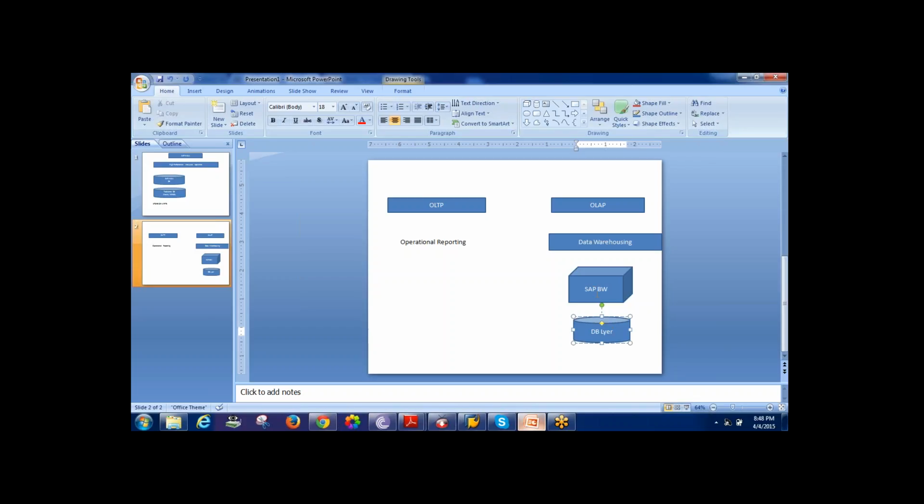So if you look at the data warehousing application, SAP BW, its primary focus is on readability. But as I pointed out, the system is only as capable as its underlying database. Understood? Any confusion here?